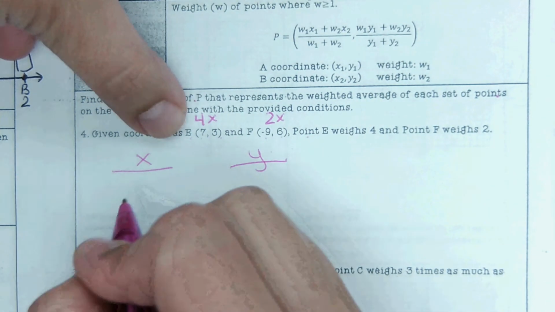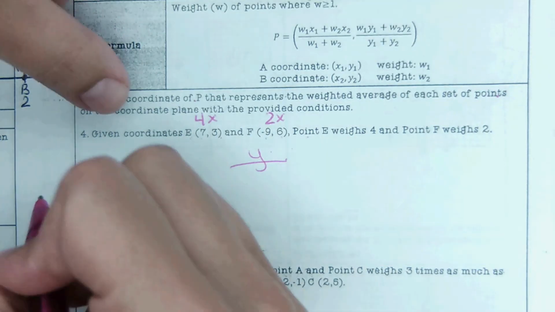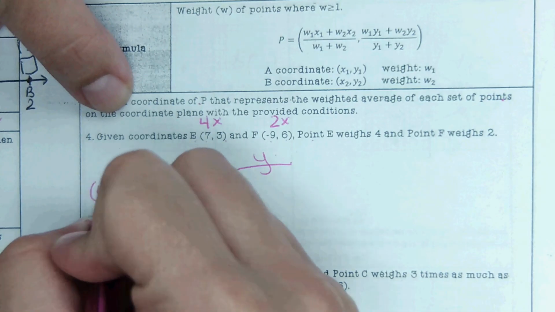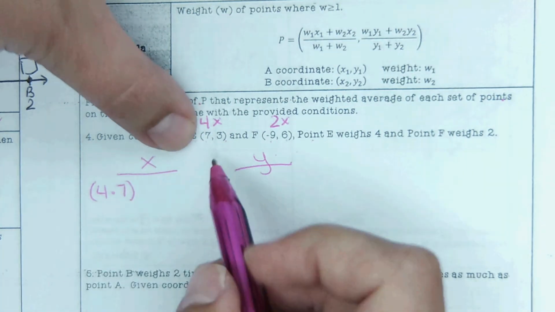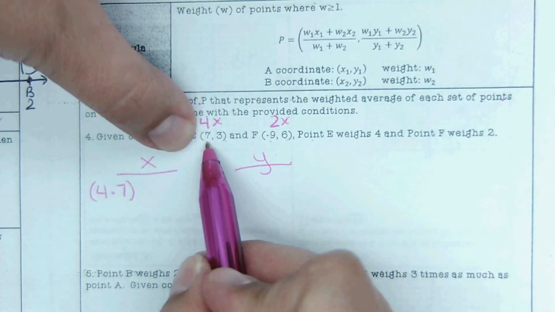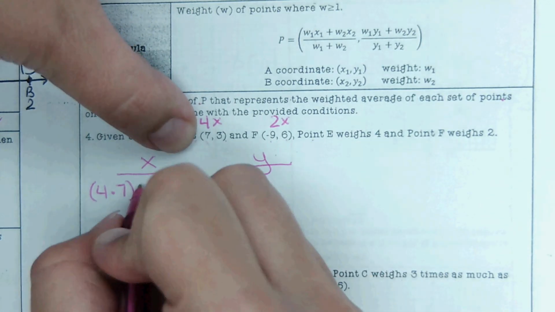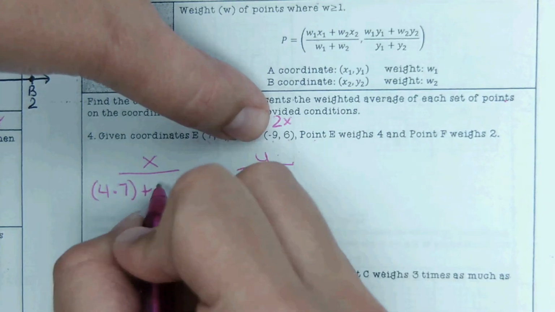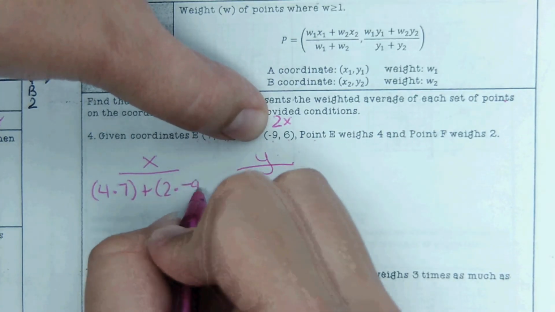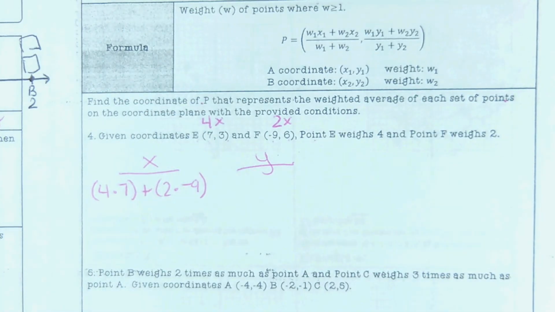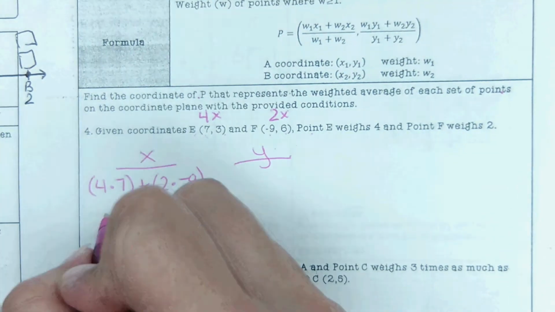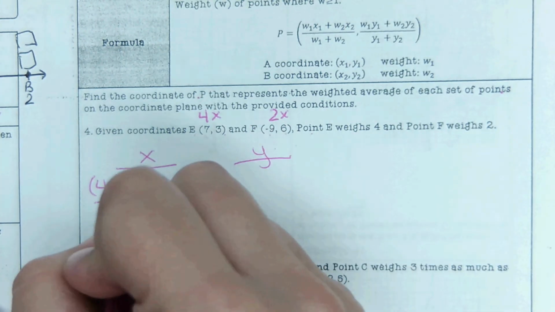So over here we're going to use that same equation that we've been using. So it'll be 4 times 7. So I just did 4 times this x value, plus 2 times negative 9. And then you divide by 4 plus 2.